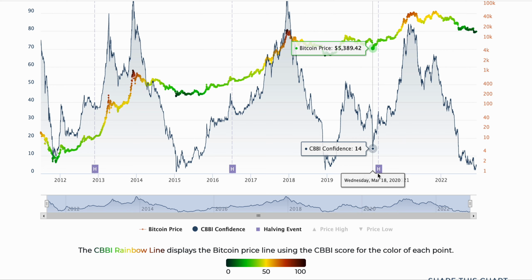So what I like about the CBBI score is that this model does consider the halving event. And remember, the halving event is very important because Bitcoin price tends to go up during the halving event or right after the halving event.